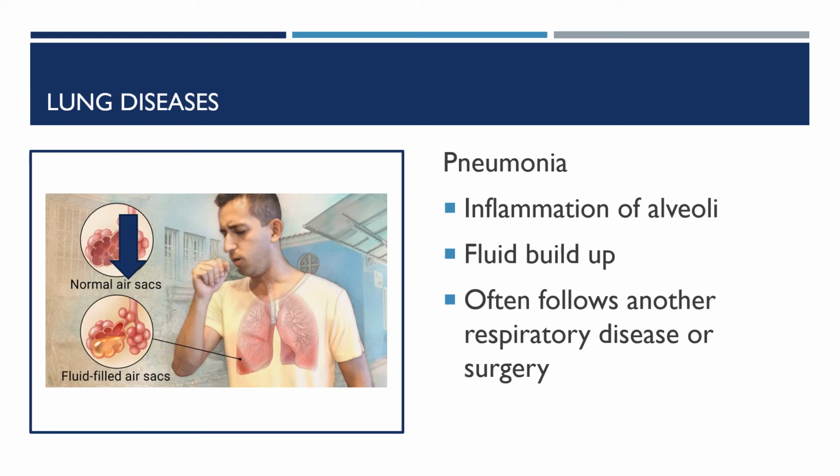So if you look at this picture, you can see up here are the normal alveoli, and down here they're slightly inflamed, a little larger, and look, you have fluid in here. And when there's fluid in here, the oxygen exchange can't happen because you're covering that area where the oxygen and carbon dioxide exchange into the capillaries.